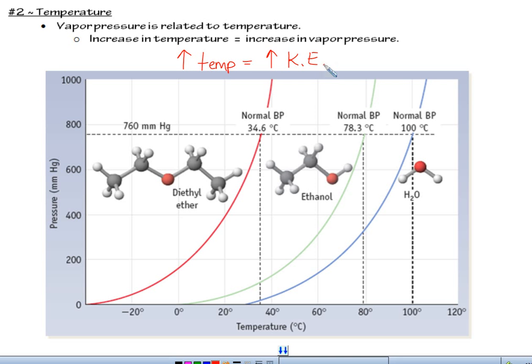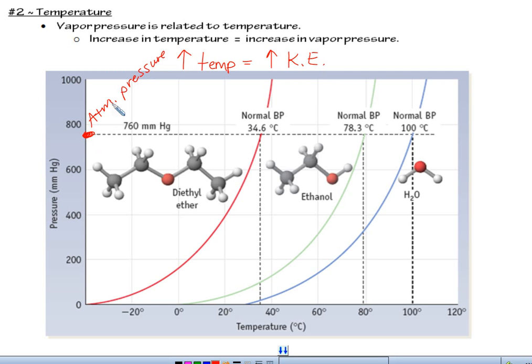But now, let's say you want to hit a certain pressure. For example, this 760 millimeters mercury is considered atmospheric pressure. So here's atmospheric pressure.